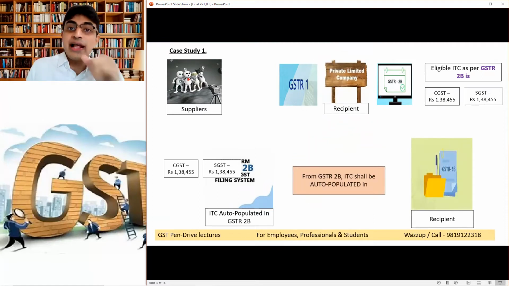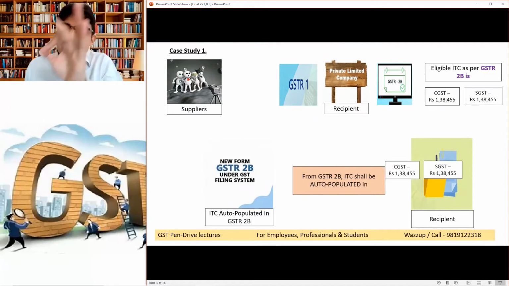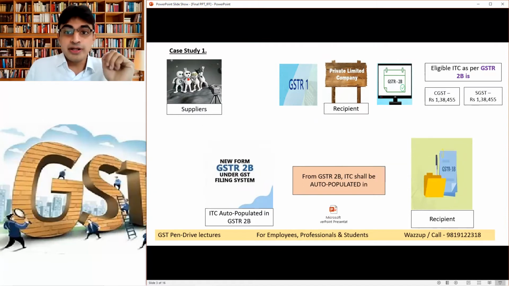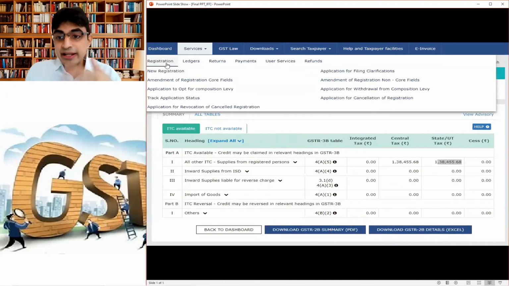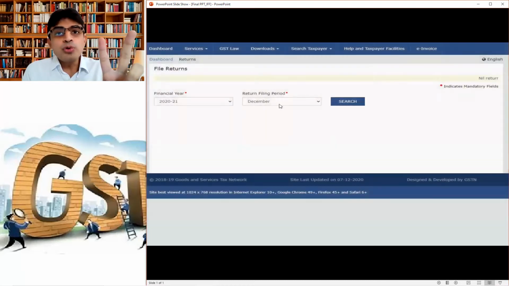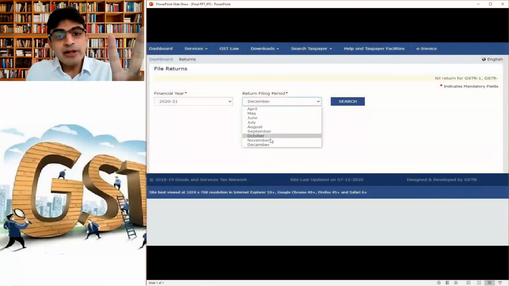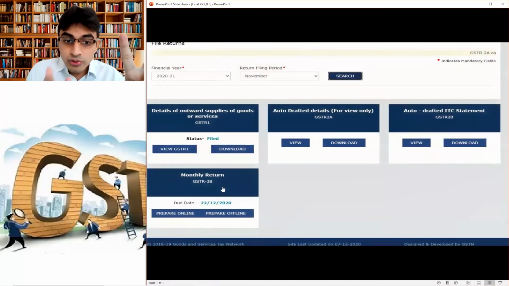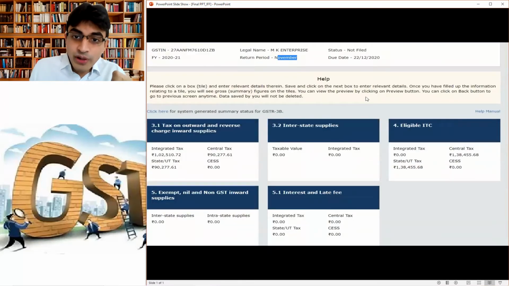Now see, from the company's GSTR2B, this ITC of 1,38,455 shall again get auto-populated where? In form GSTR3B of the company. So all the details again got auto-populated. This also the company can verify. The company can verify 1,38,455 and 1,38,455 in 2B. Now from 2B, the company will verify November month's GSTR3B. So now the company will open its 3B. As soon as it opens, go to eligible ITC.